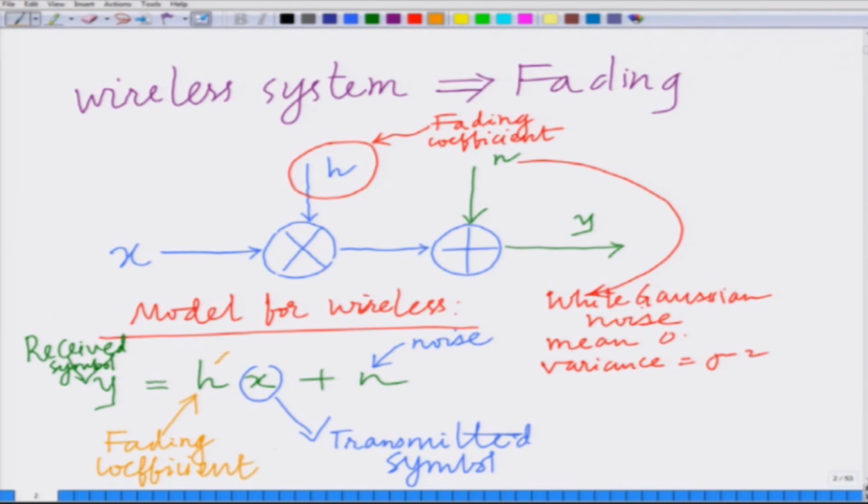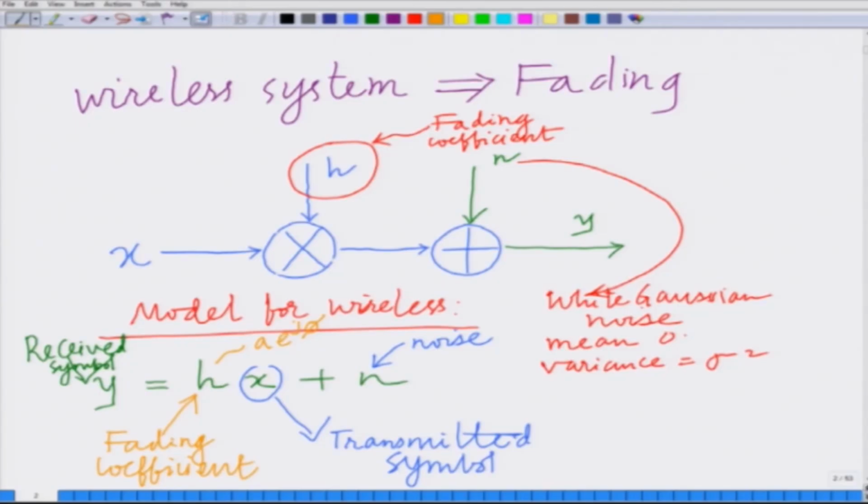And we also said that H can be modeled as A e to the power of j phi, where A is the magnitude or the amplitude of the fading coefficient and phi is the phase of the fading coefficient, and A follows the Rayleigh distribution. This is the fading channel coefficient. So I have Y equals H X plus N, where H is the fading channel coefficient.